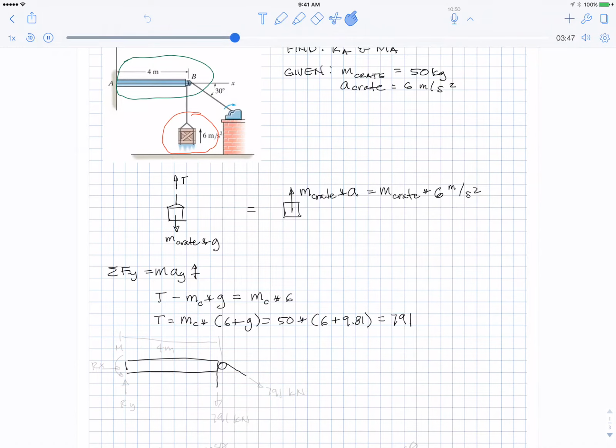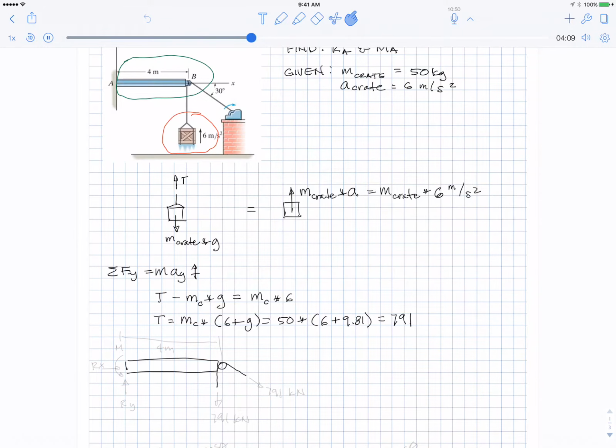But ignoring the weight of the beam, let's proceed. Normally I would put in the weight of the beam inside the green loop, but we're not going to put that in there. Just not a realistic problem.